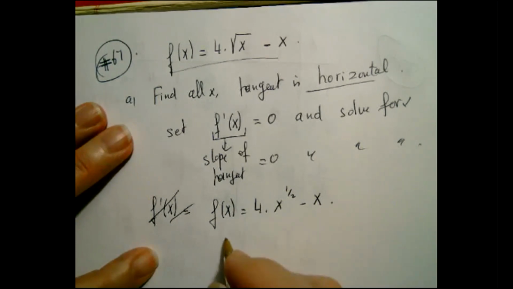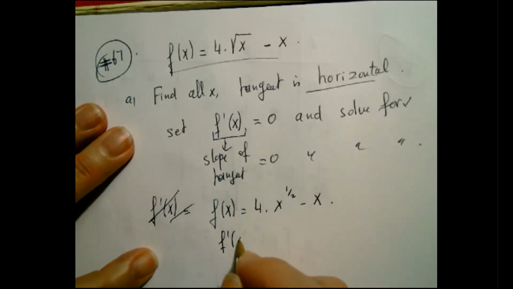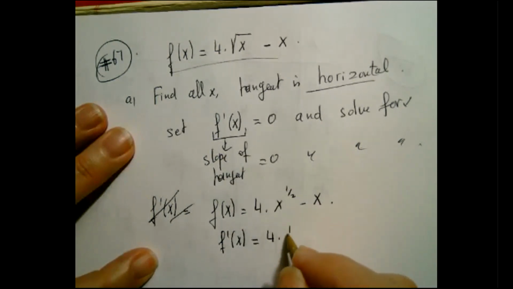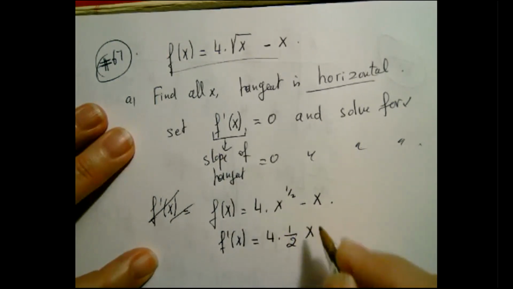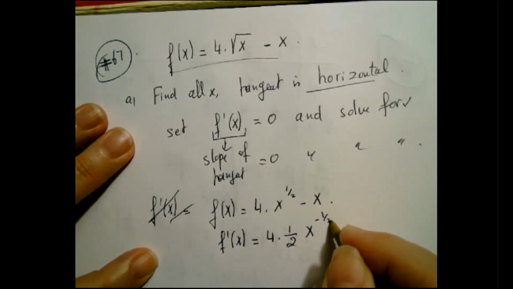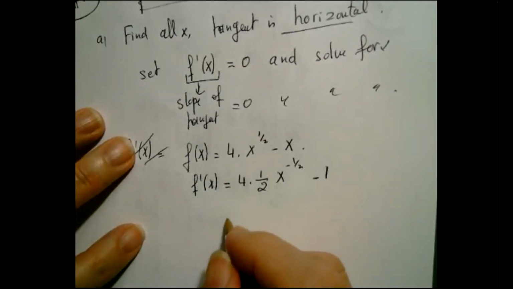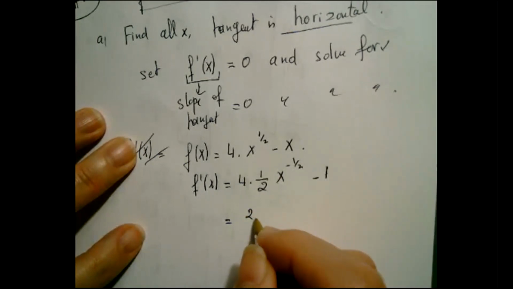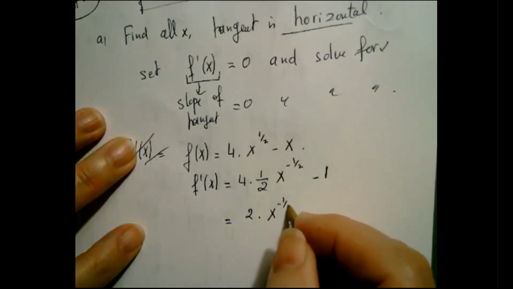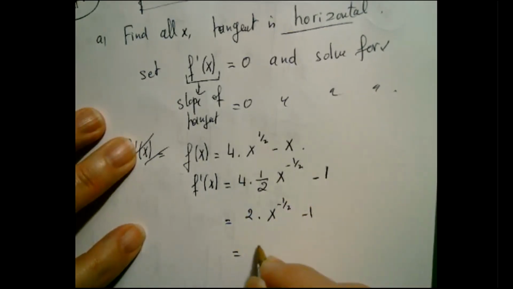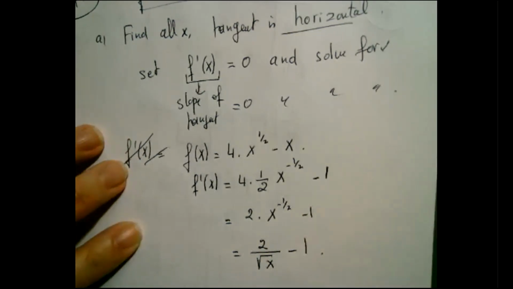Okay, so what is f prime? f prime is 4 times a half x to the half minus 1, minus 1. So this is equal to 2x to the minus a half, minus 1. It means 2 over the square root of x, minus 1.